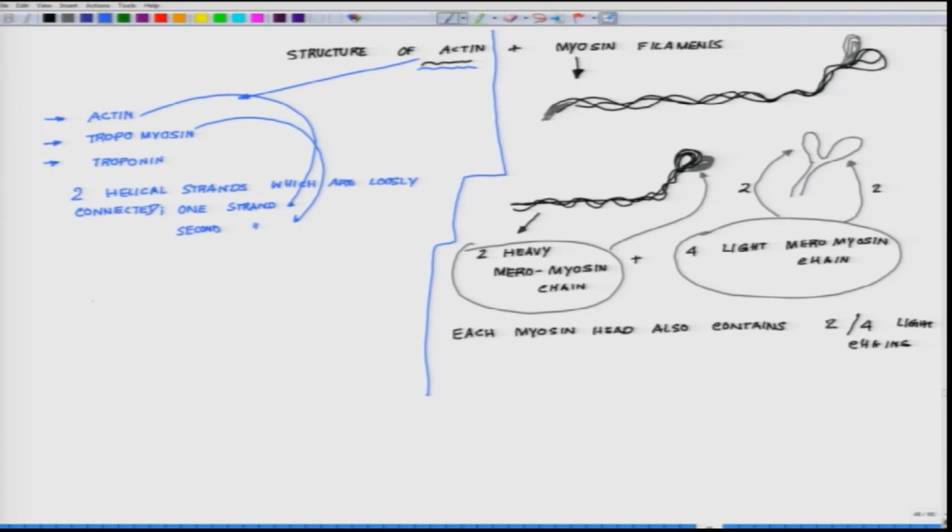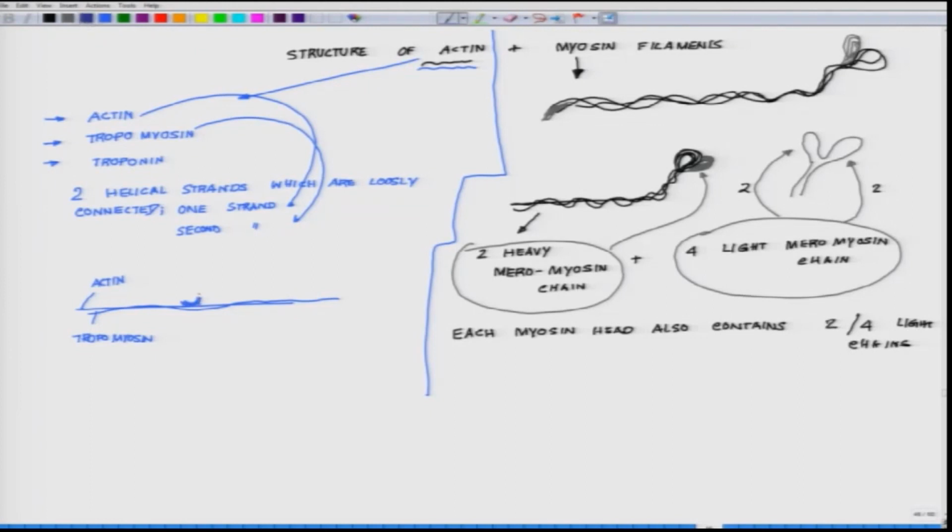So, the actin filament, if you look at it, actin has multiple sites. Okay. If you look at the actin filament, it is something like this. Okay. So, you have actin, tropomyosin, then you have something called active sites on it.